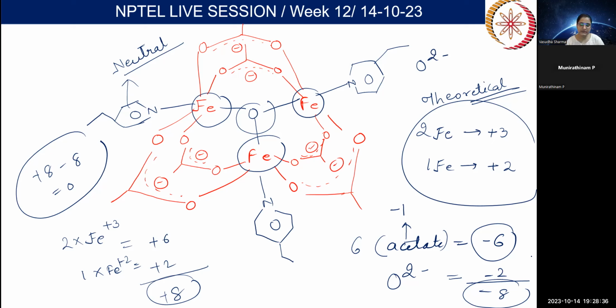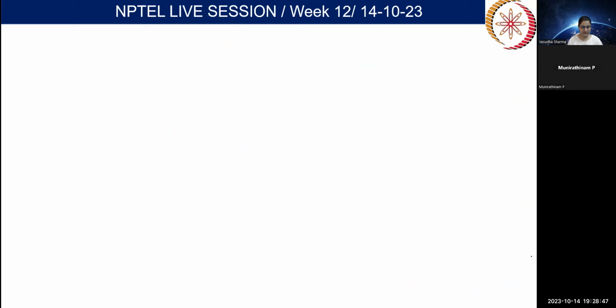So now here we are expecting theoretically 2 irons should be in +3 and 1 iron should be in +2. So this we have expected, and it has been found that this complex behaves differently when we are using two different solvents.